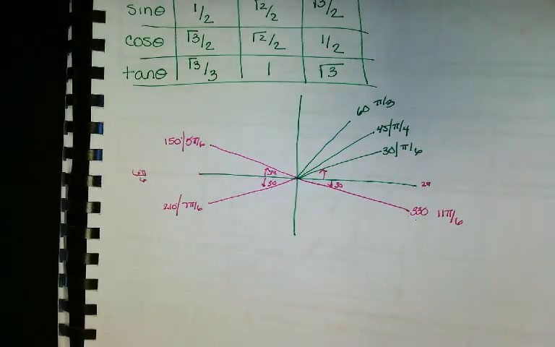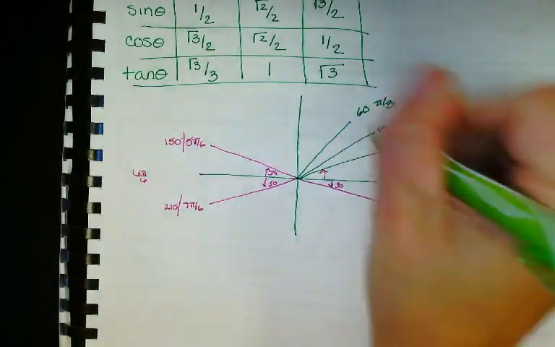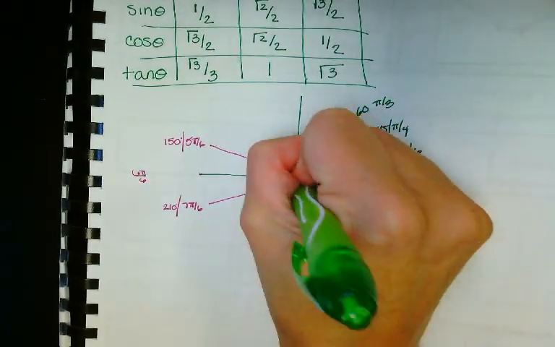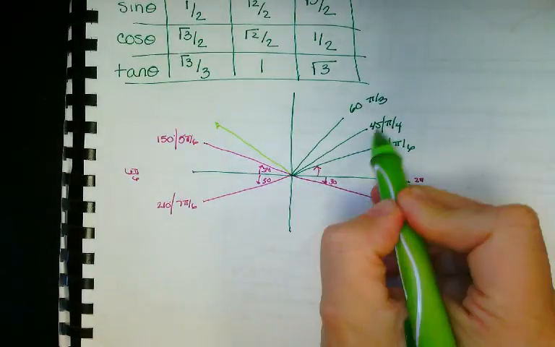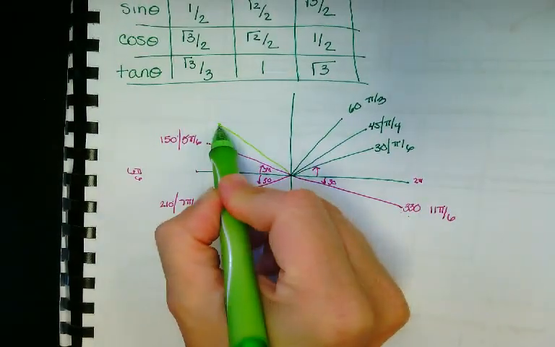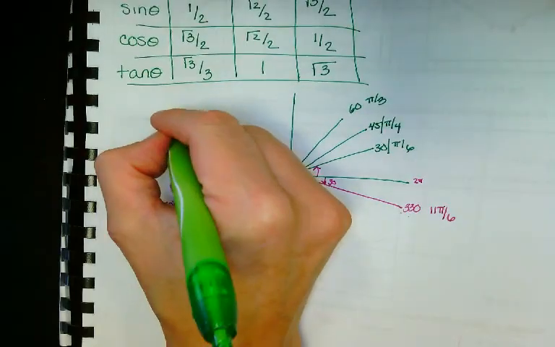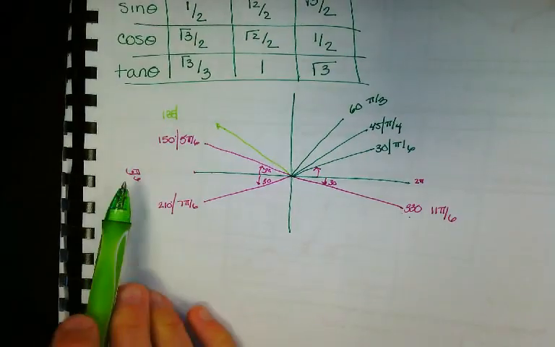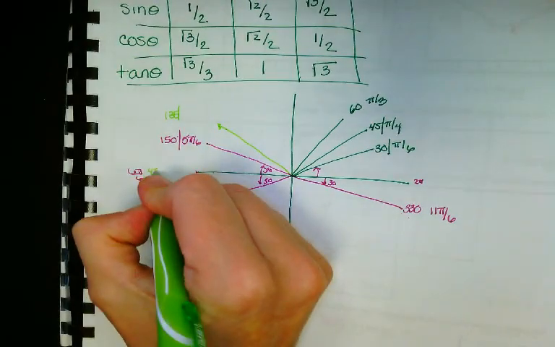I'm going to do the 60s here. Well, we might as well do 45 since it's next. Sorry. Let's go 45. Okay, so smack in the middle is my 45. So I'm going 45 away from 180, which is 135. Or how many pi over 4s? 3, because that would be 4 pi over 4.